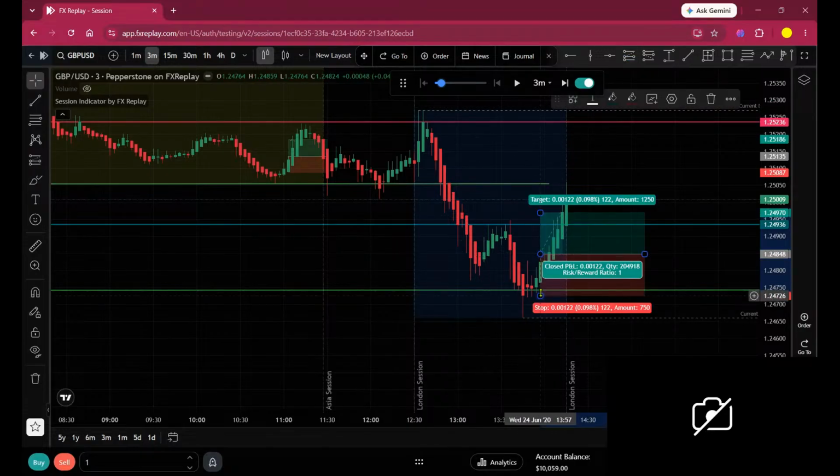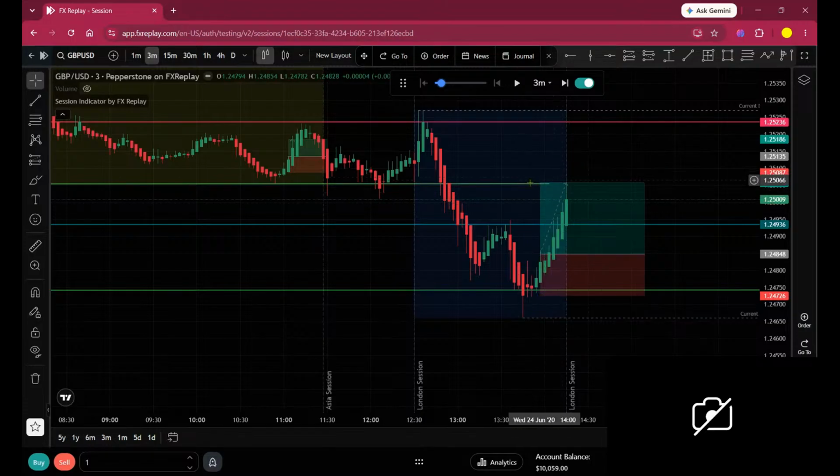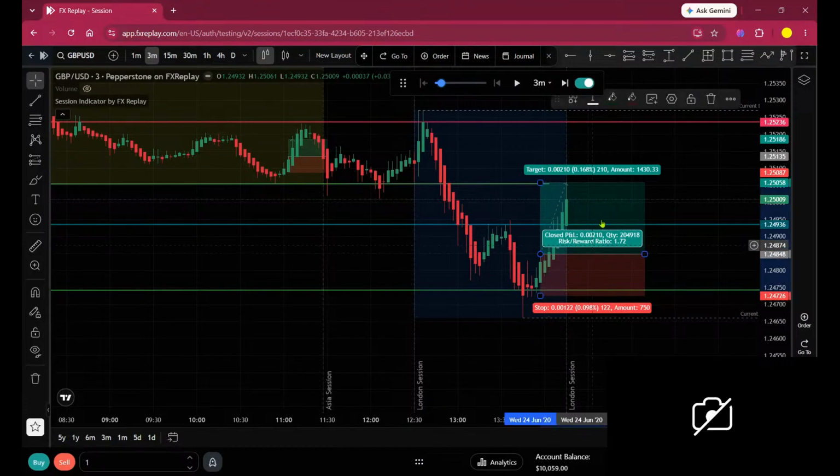So if you took a trade from here, easily market gives you a 1:1 target. And now, as I told you, market will hit the Asia low, right? See, market hit the Asia low. And right now timing is 2:12, right?